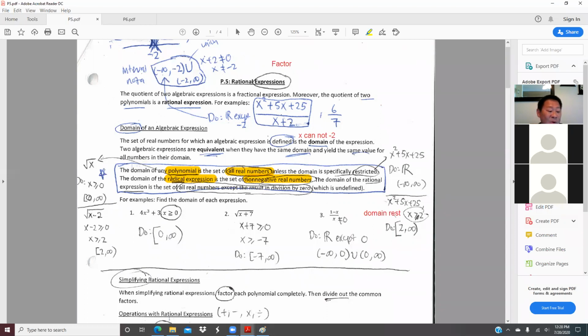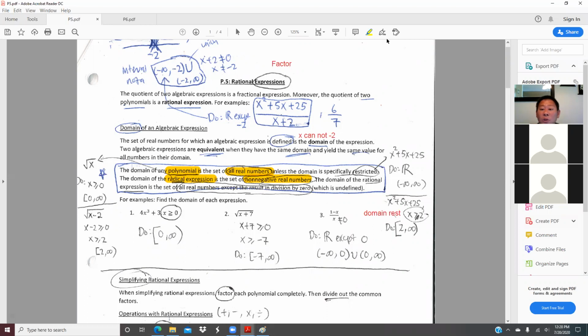So in this case, it's 0 to infinity. For example, if you have the square root of x minus 2, then x minus 2 is greater than or equal to 0. Take whatever is inside the square root, which is the radicand, and solve for x, which is in this case 2 to infinity. So this is how we find the domain of a radical expression.